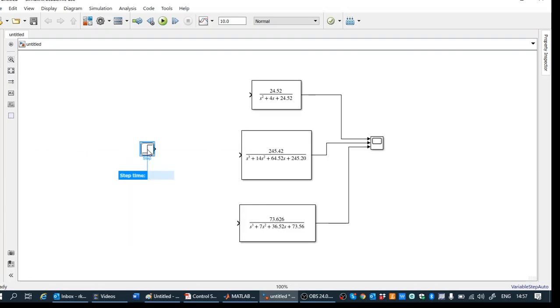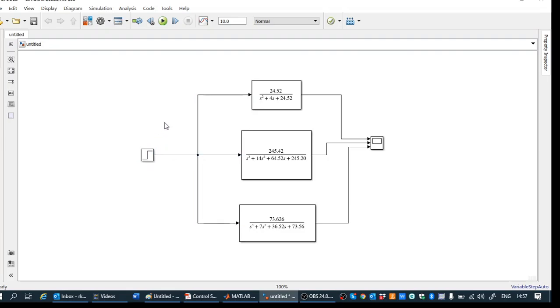The step input can have a step time of 1, it does not matter. We're going to make the first connection, then a second connection, and then a third connection, right? So you can just make that over here so that they are in the same line. And once we are done there, we can just put this here.